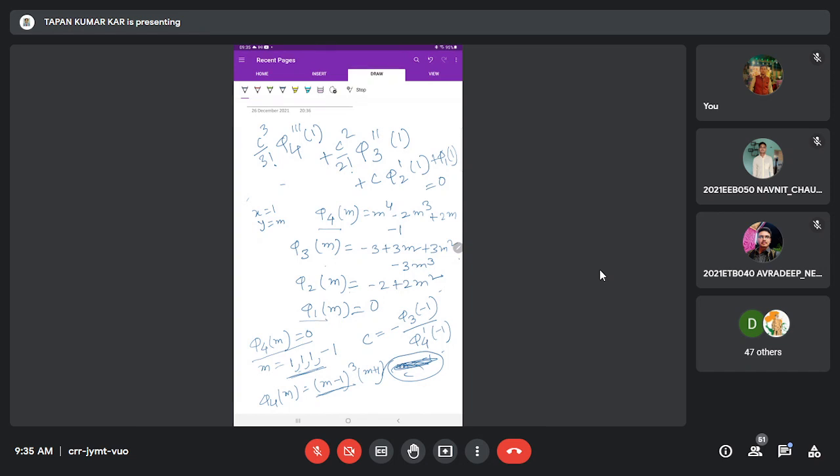So all m would be replaced by 1. From here you can try c equal to 0, 1, 2. For one m equal to 1 you take 0, for another 1 you take 1, and for another you take c equal to 2. So you will get the 4 asymptotes.